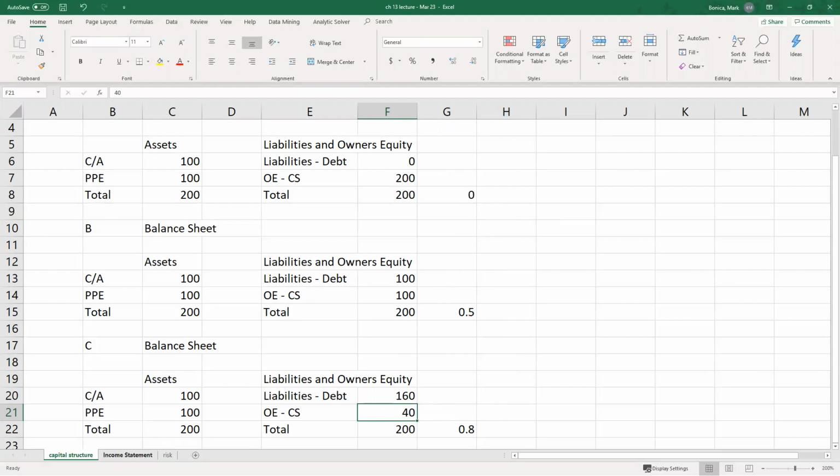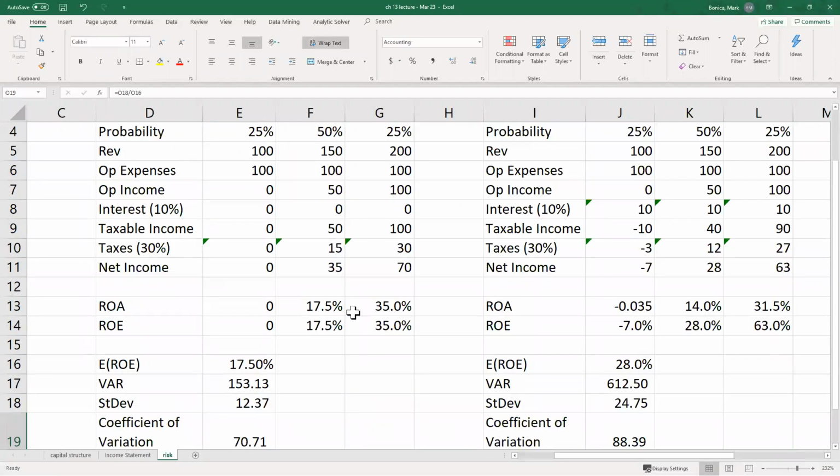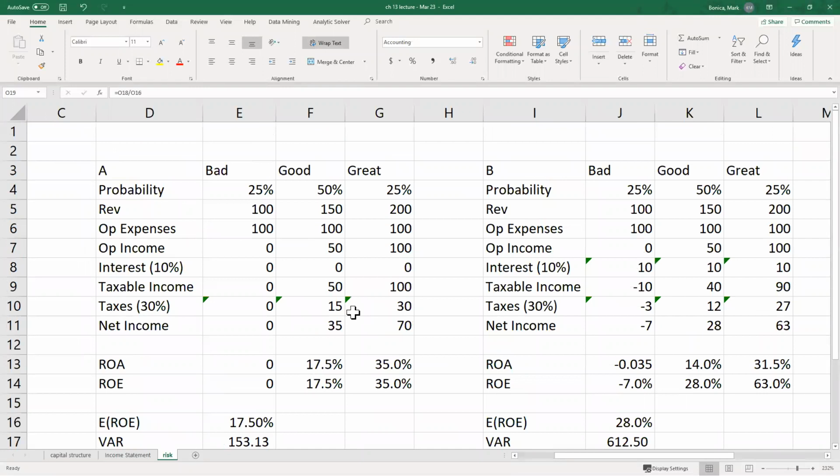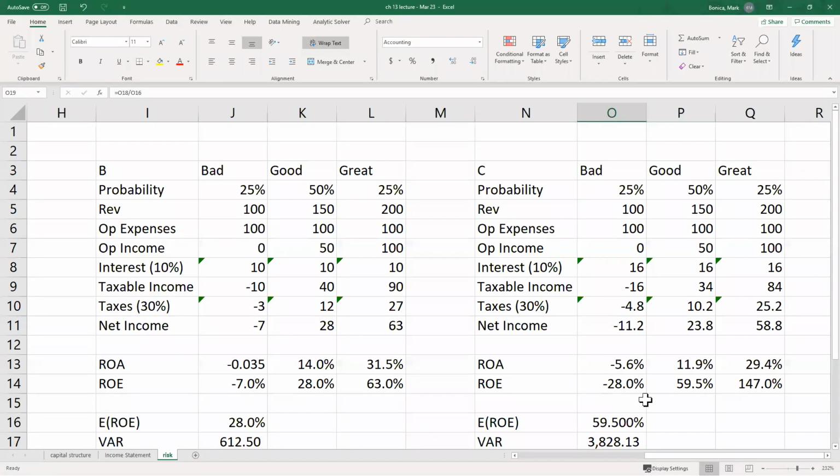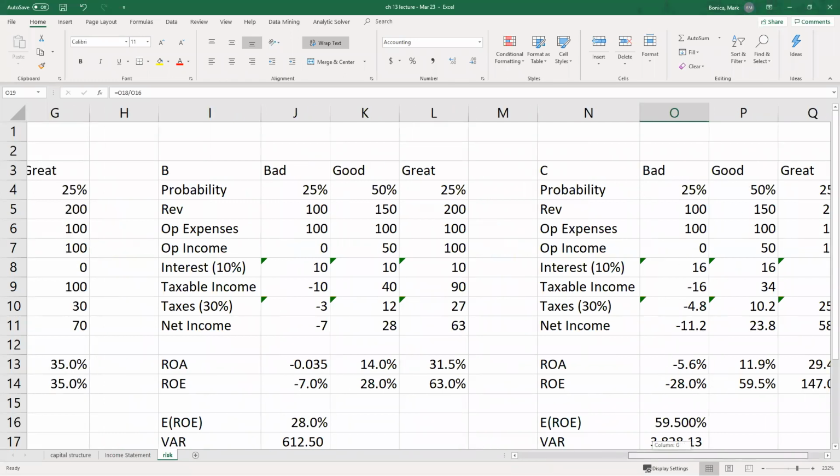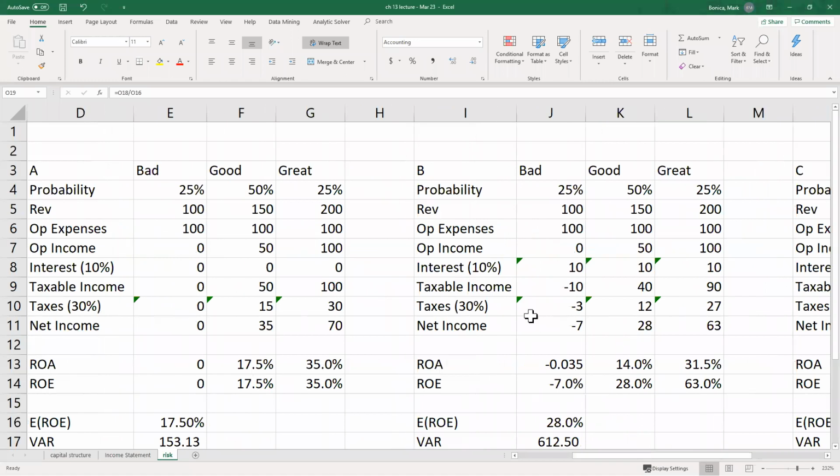Well, we talked about the impact of risk, right? One of the problems with having a lot of debt is the risk of when things go bad, we still have to pay our interest regardless of how well our operations are doing. So there's risk involved in having debt, right? Likewise, here we had the results from the 50-50.